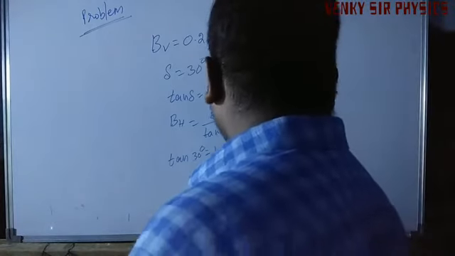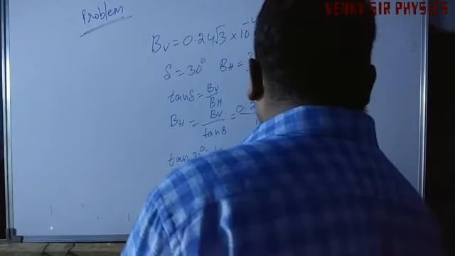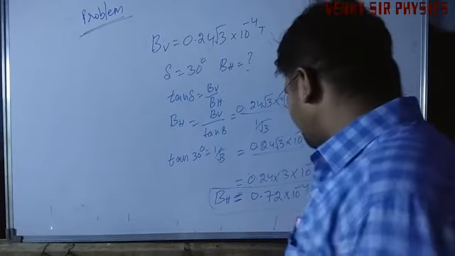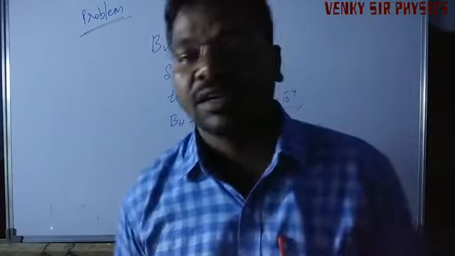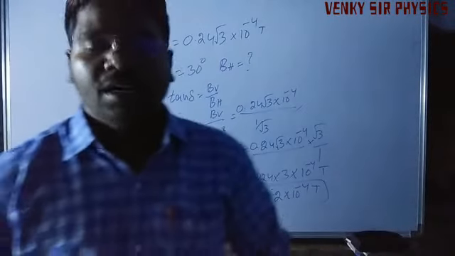BH is equal to 0.72 into 10 power minus 4 Tesla.